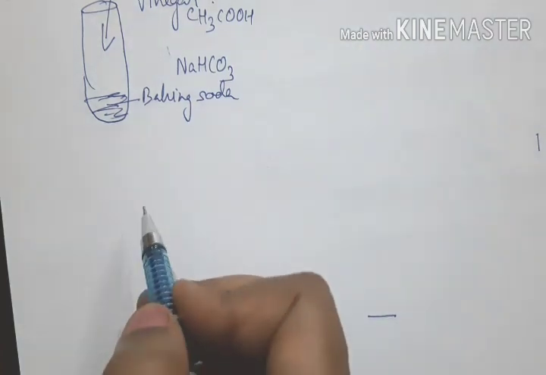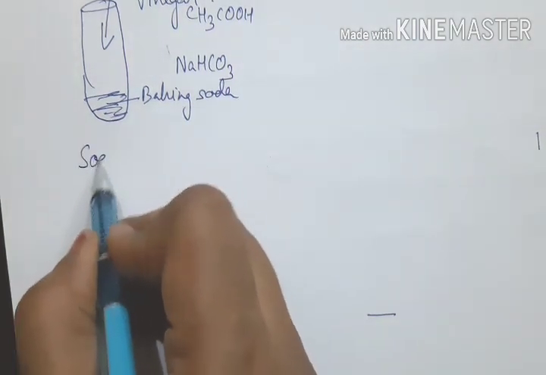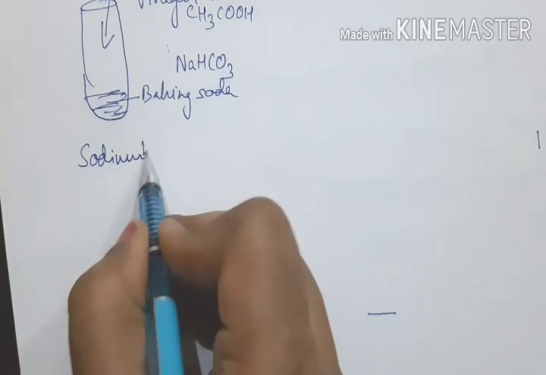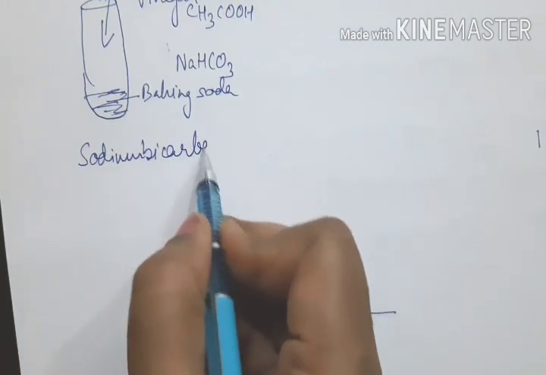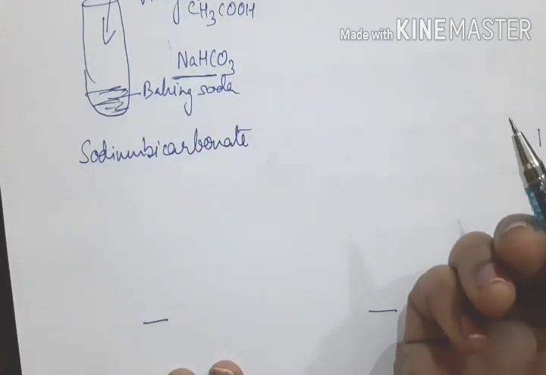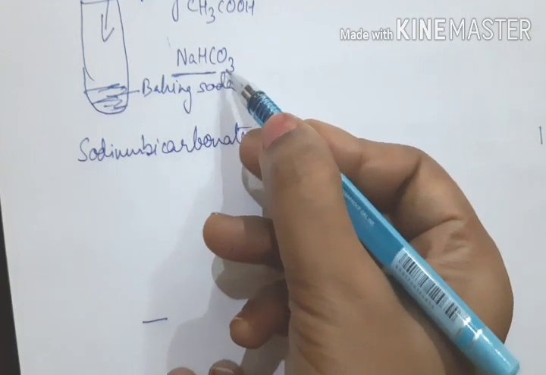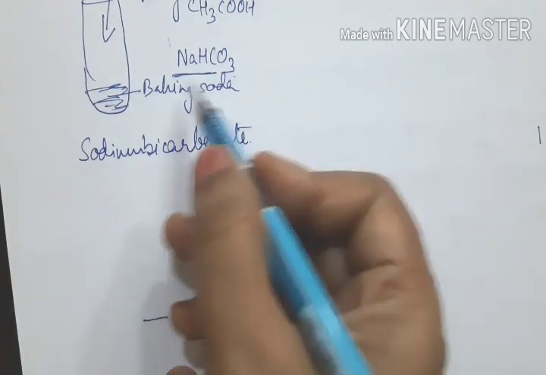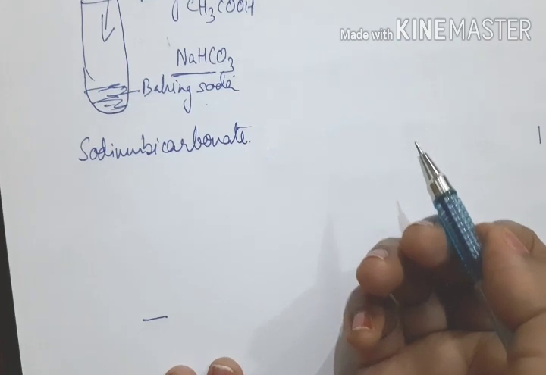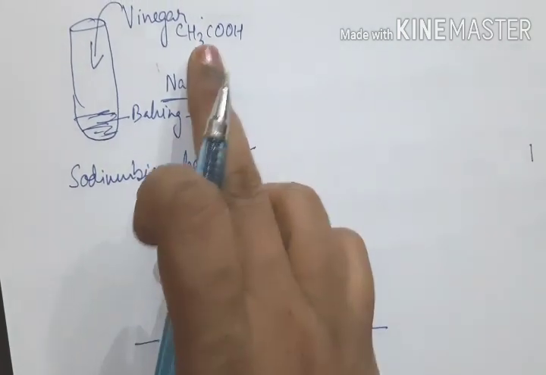Now when we write down the word equation for this, we write sodium bicarbonate. The chemical name is sodium bicarbonate and the formula is NaHCO3. Commonly we call this baking soda. To it we add a few drops of vinegar.